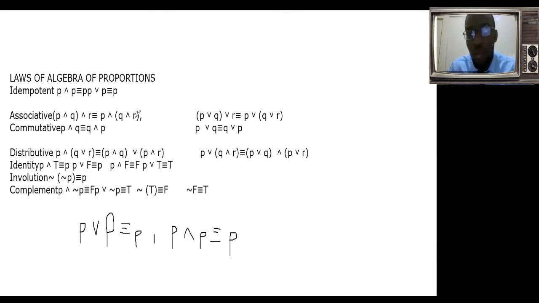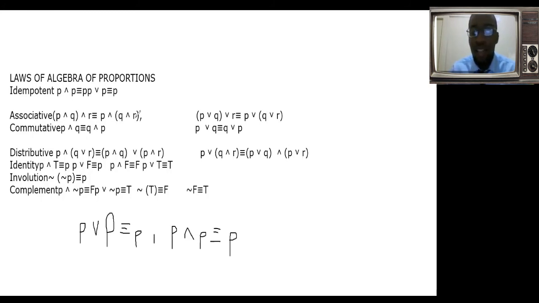Now 1 plus 2 plus 3 can also be written as 1 plus (2 plus 3), and 2 plus 3 is 5, and then 1 plus 5 is 6. They're both equal to 6. So it doesn't matter which part we add first. Likewise for P and Q and R, we can have the P and Q first, then R, or we can have Q and R first. And the same thing if it was an OR.